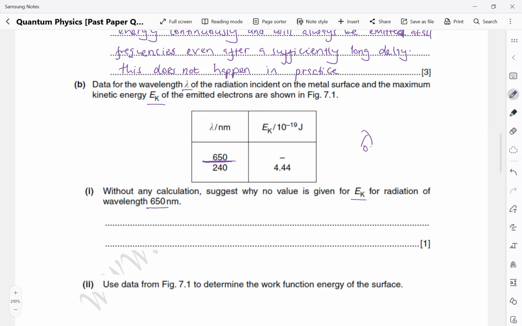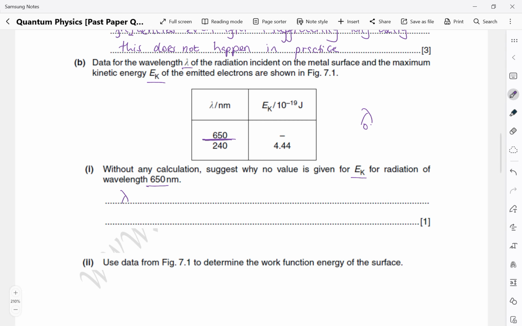So I could say lambda could be longer than the threshold wavelength. So no electrons are emitted.